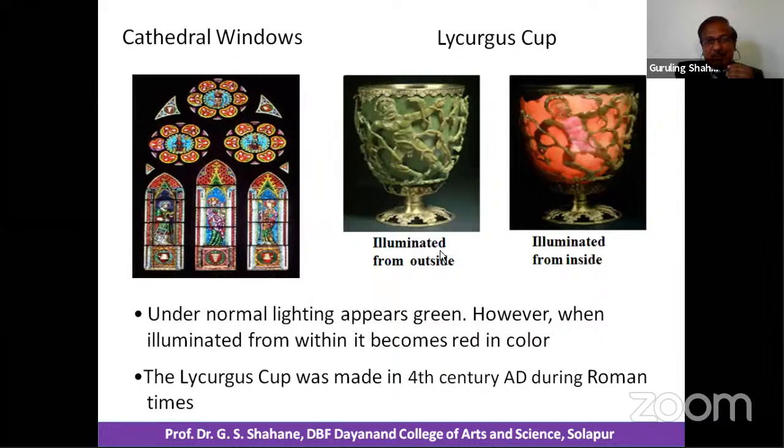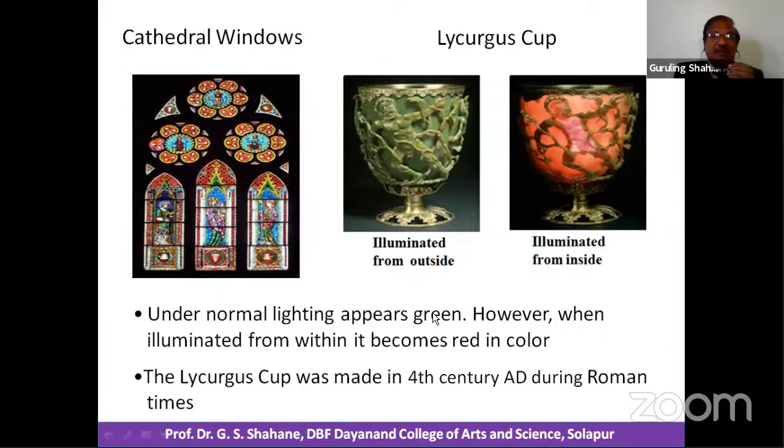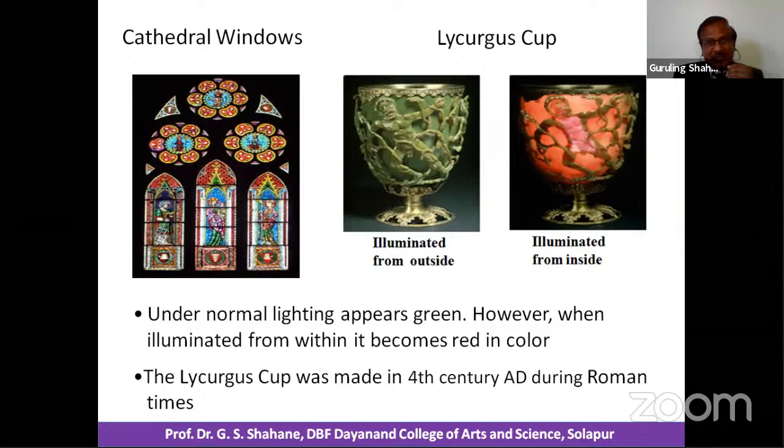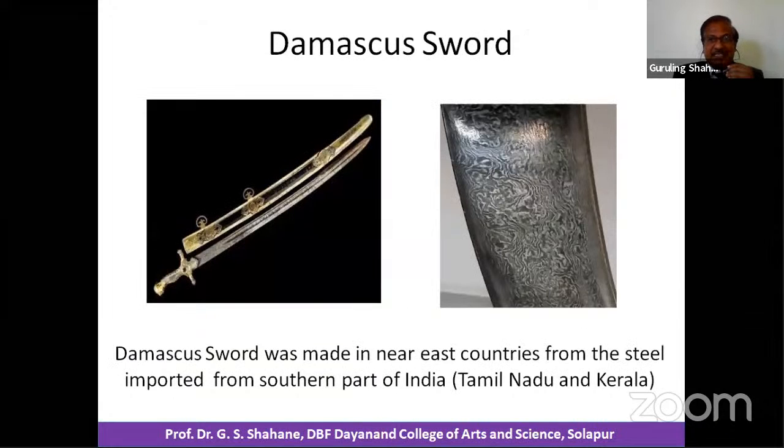When this cup is illuminated from outside, it appears greenish. And when it is illuminated from inside, if the source of light is within that, it appears to be red. This effect is the effect of surface plasmons, and it is due to the nanomaterials of gold and silver embedded in that material. So knowingly or unknowingly, they were using this technique.